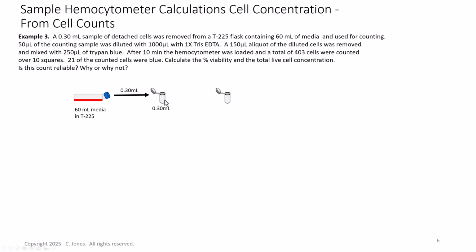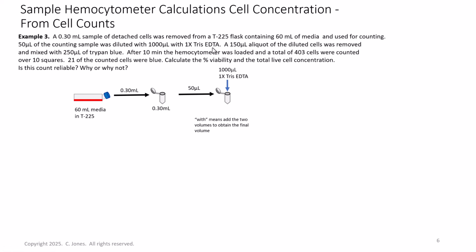So from this 0.30 mil sample, the counting sample, I'm going to remove 50 microliters, and I'm going to dilute it with 1,000 microliters of 1x tris EDTA. So you should be thinking, this doesn't sound right.